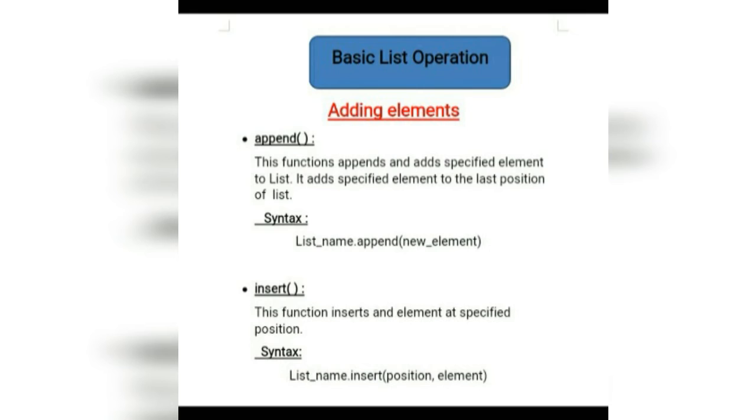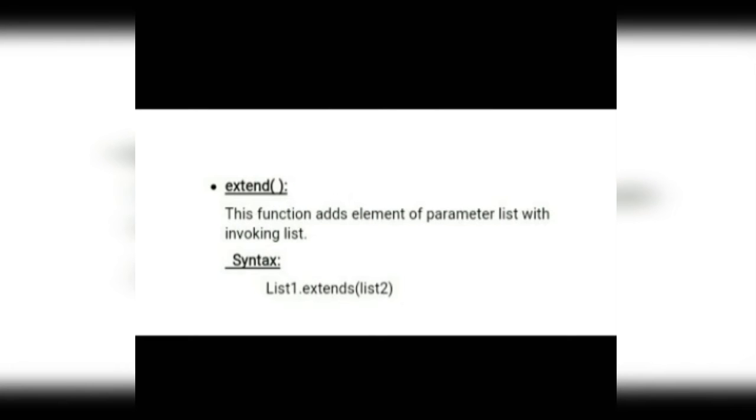Now the insert. This function inserts an element at a specified position. My dear friends, see the difference between the methods provided to add list elements. If you see the syntax of insert, it is list name dot insert, which contains two parameters, position and element: the position at which you want to add, and the element which we want to add.